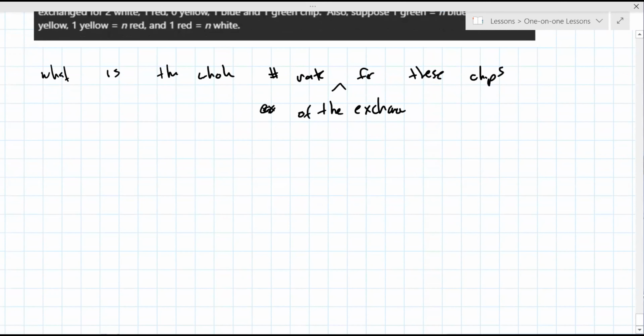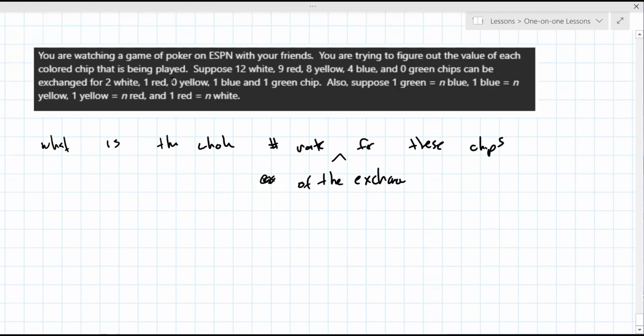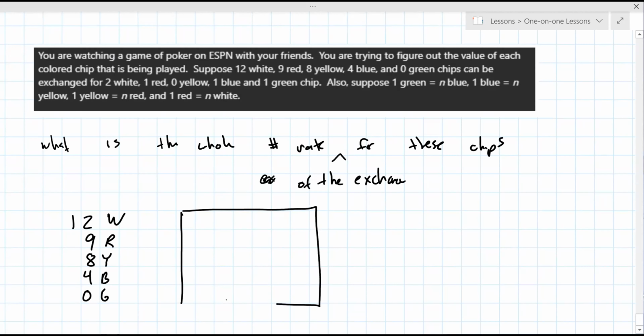I'm definitely gonna Google this because initially, here's what I see. 12 white. I'm just gonna organize this as 9 red, 8 yellow, 4 blue, and 0 green. There's this magic exchanger.